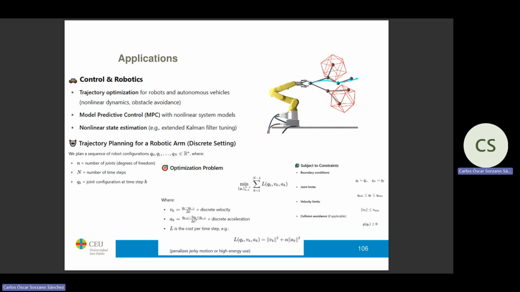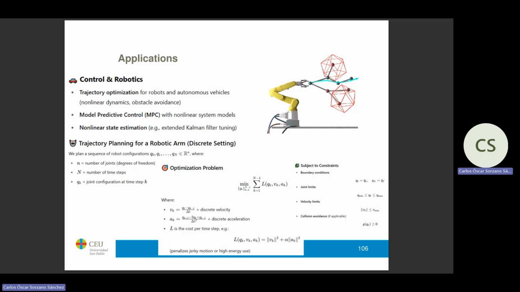And what is the meaning of this? You want to minimize this because it is penalizing jerky motion. If you have changes in the acceleration, it is moving very quickly and then stopping and then moving quickly again. So you want to avoid that. And high energy use. High energy is encoded by velocity squared, as you know, it is an energetic term.